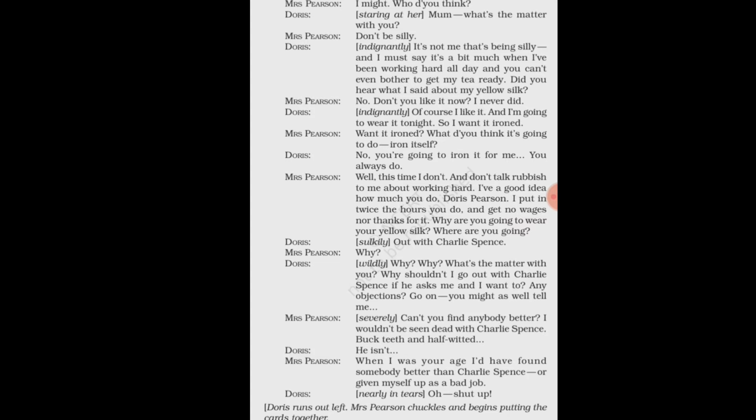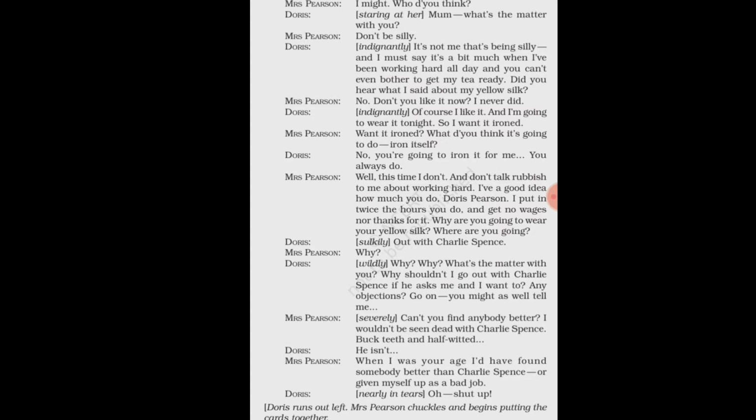And did you hear what I said about my yellow silk? Mrs. Pearson said no, don't you like it now? I never did. Doris says of course she likes it and she's going to wear it tonight, so she wants it ironed. Mrs. Pearson says want it ironed? What do you think it's going to do? Iron itself? Doris says no, you're going to iron it for me, and you always do.